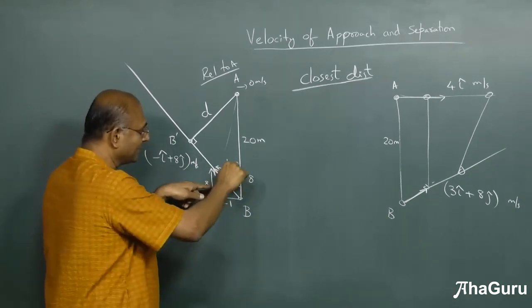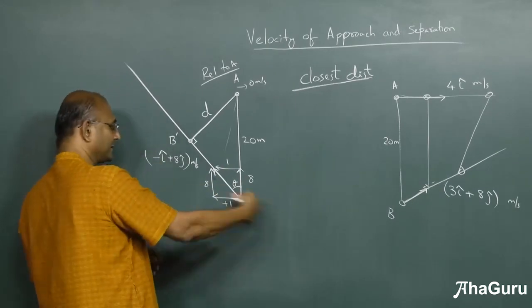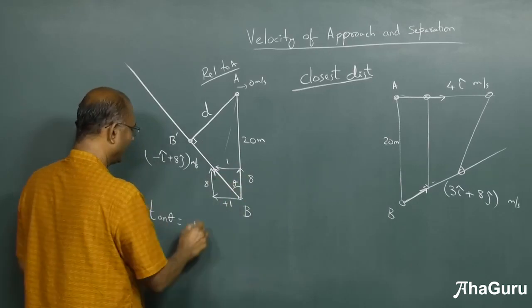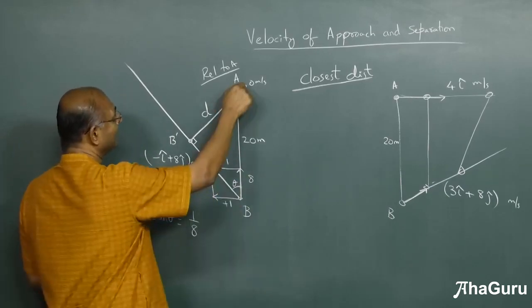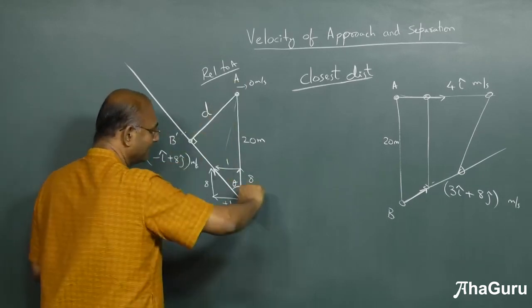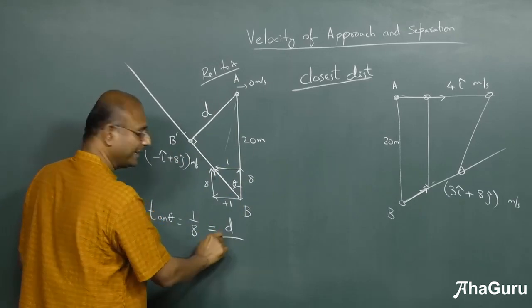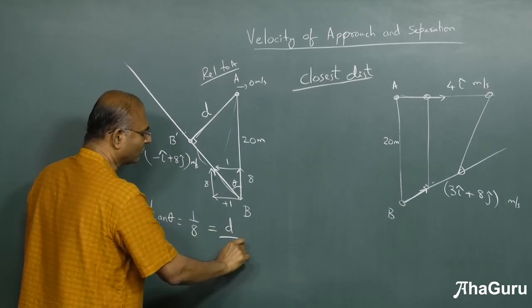Tan of theta is, this distance wise it's only 1, it's not minus 1. Minus 1 tells you that's in this direction. 8 like this, 1 like this. What is tan of theta? 1 by 8. But tan of theta must be equal to d by BB dash, which I don't know.